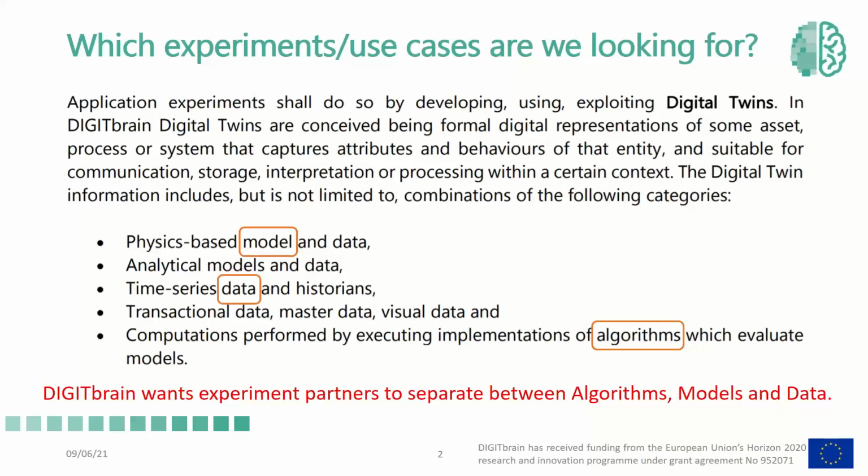They can be based on analytical models, on time series data, and of course on computations that implement algorithms, programs that evaluate those types of models. So model, data and algorithms are important parts that you shall bring to the project with your experiment.